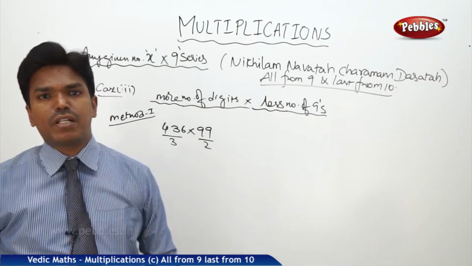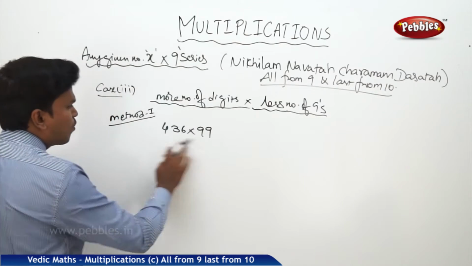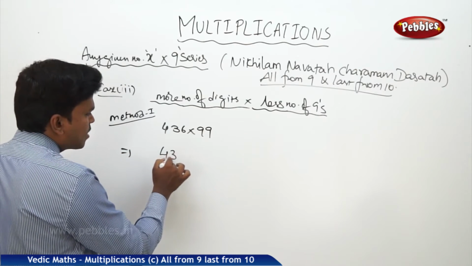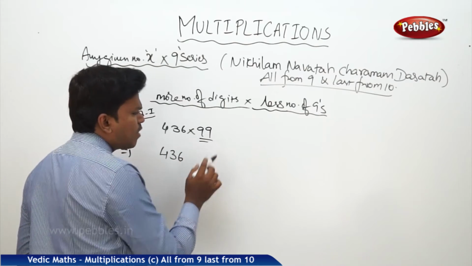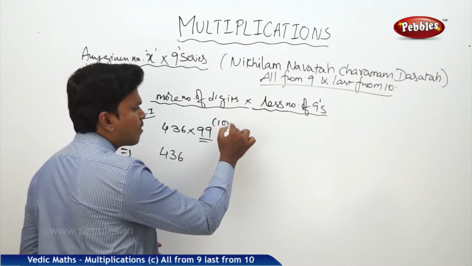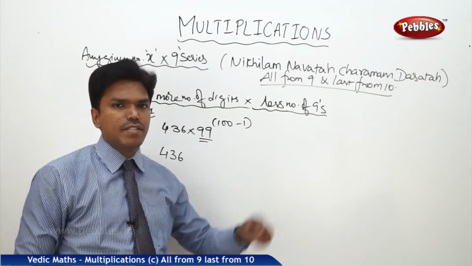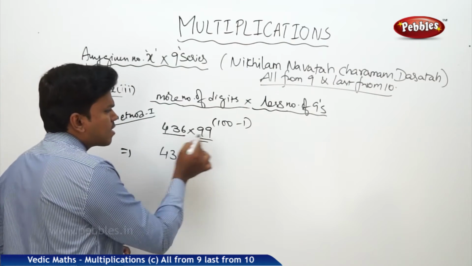So we have another method. Now see here what we can do. In this case, 436 into 99, you simply write the given number 436 as it is. Can we write 99 as 100 minus 1? Yes, we can. Now you simply multiply 436 into 100.